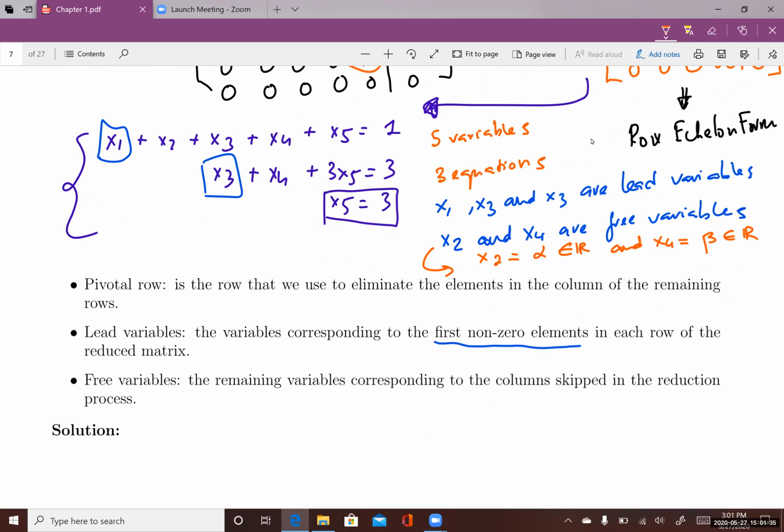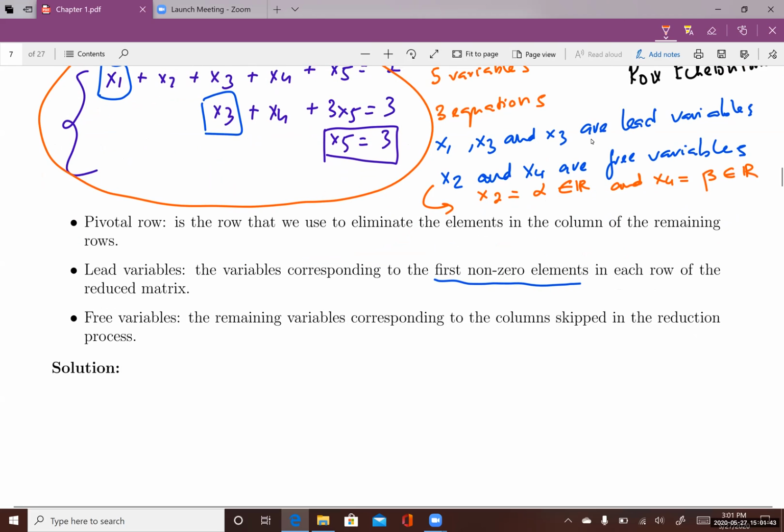So the solutions for this system will be, in this one, I know x5 equals 3. I set x2 equal to alpha. I set x4 equal to beta. How can I solve for x3? From the second equation, x3 equals 3 minus 3x5 minus x4.